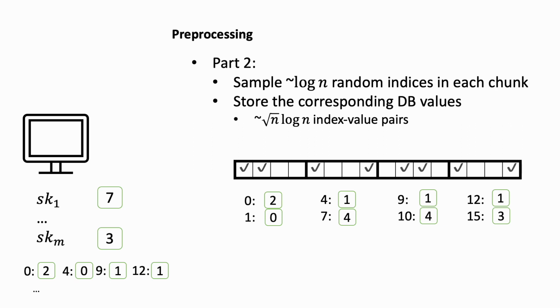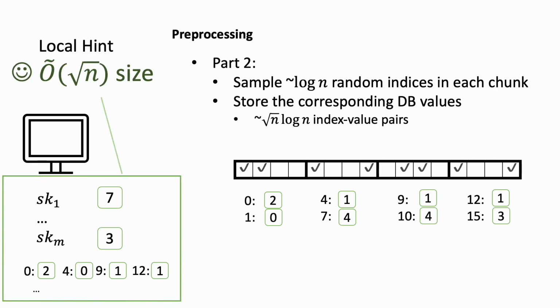In this example, we just randomly sample two random indices out of each chunk, and then we store the database values alongside those indices. And we can see that the local hint takes √n size, because you only store √n log n keys with their bits alongside them, and then you store √n log n index-value pairs. And why are those things useful?